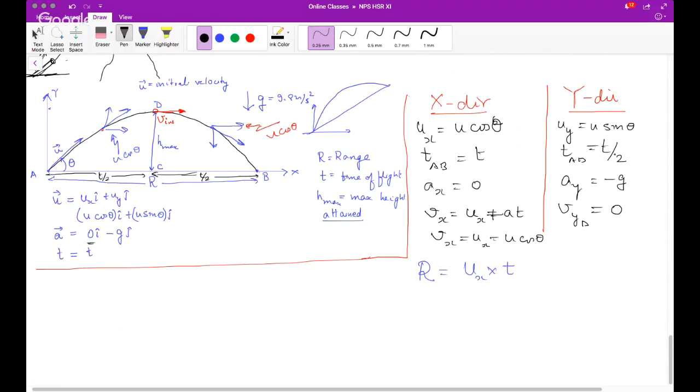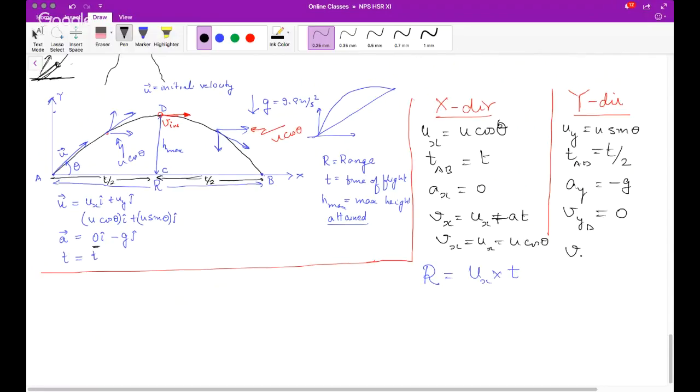So now you can find the time of flight from here. We know vy at d is uy minus g into t by 2. We use the first equation, v equals u plus at. Uy I know, g was negative, always downwards, pulling it down, and t is the total time of flight, so the time taken from a to d is t by 2.